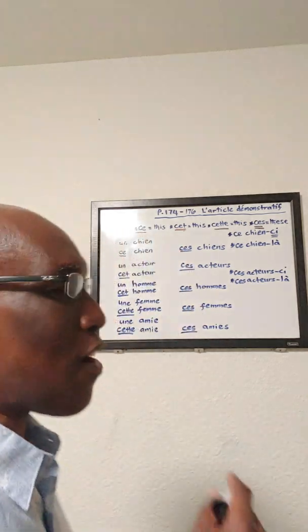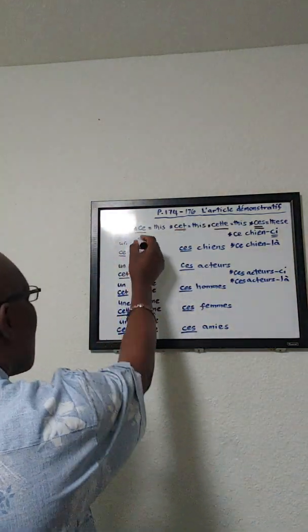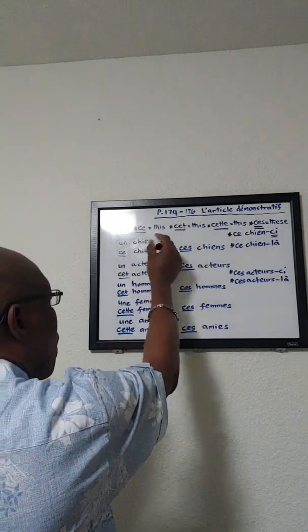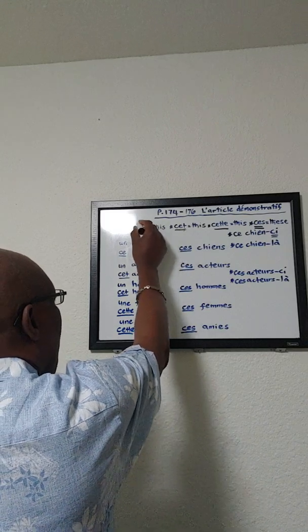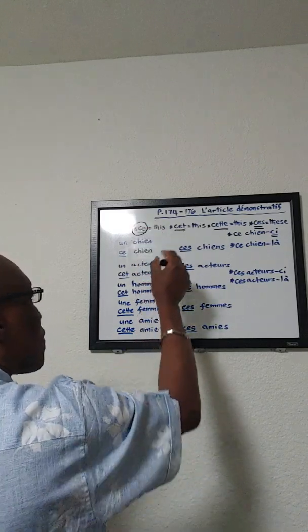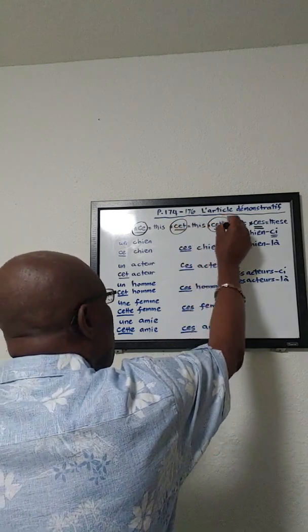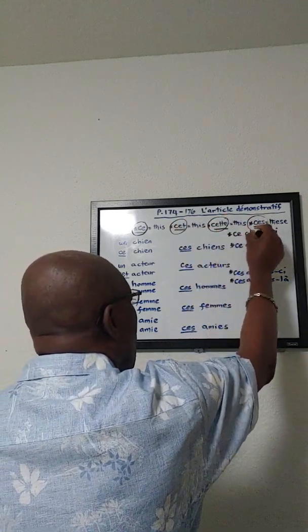The articles will come in front of those nouns. Now, if we come to our 4 demonstrative articles here, they will be used in front of the nouns that are used with them.